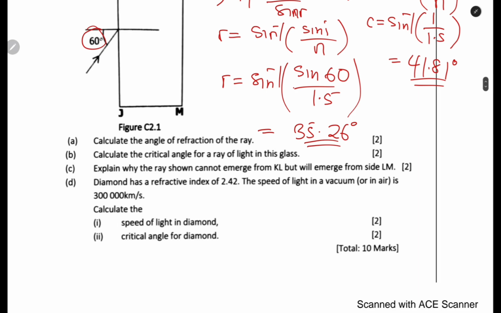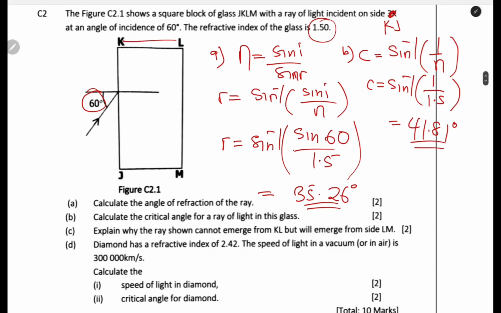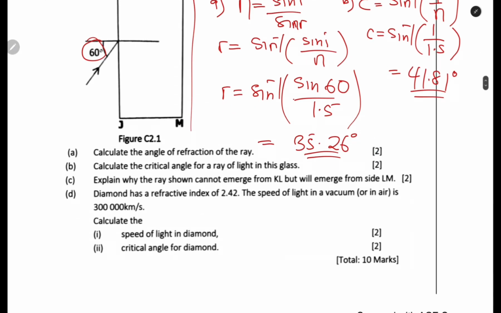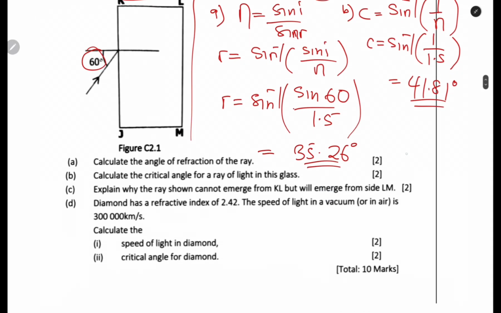Then for C, explain why the ray of light cannot emerge from KL, but instead from LM. So that is C. So I'll put it right here.